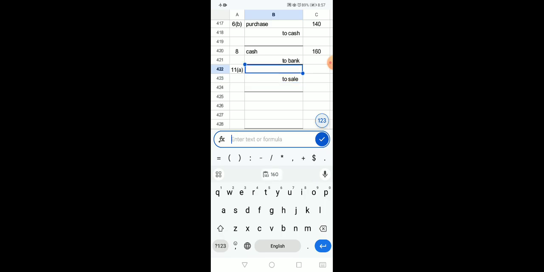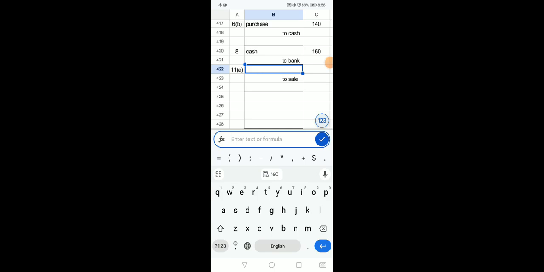So you have sold goods. What will you receive after selling goods? As it has been mentioned, you are selling goods for cash, so you will receive cash. When you receive cash, it means your cash in hand is increasing, which means your asset is increasing. An increase in asset should be mentioned on the debit side, so you will mention cash on the debit side. How much amount for the cash sale?